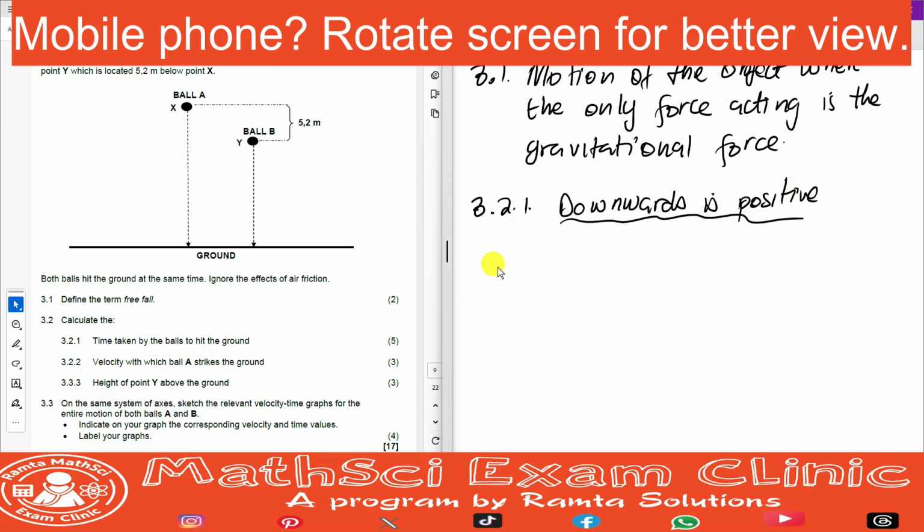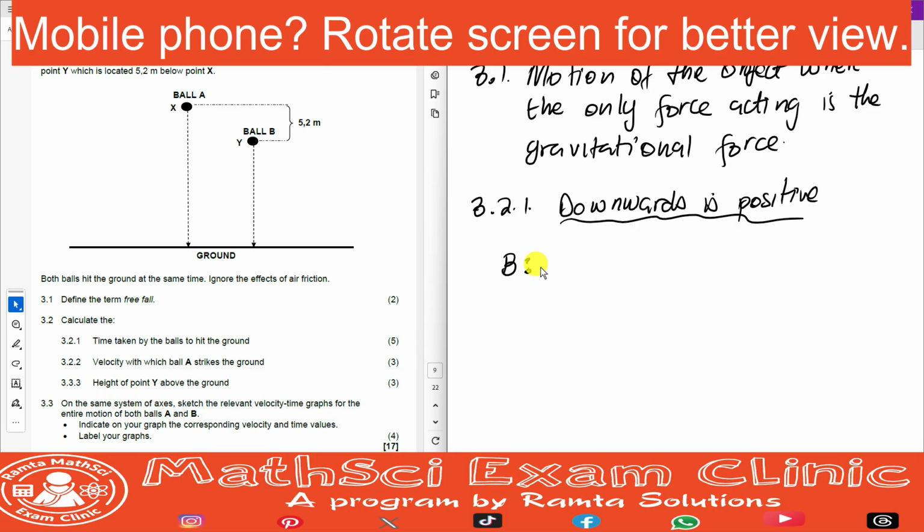So what do we have? Let me start with object B because it has an initial velocity of 0. I know its height and I also know its initial velocity, so that makes things easier for me.